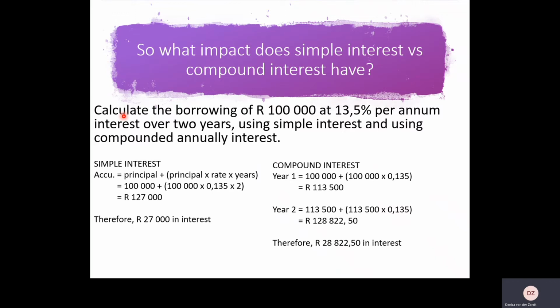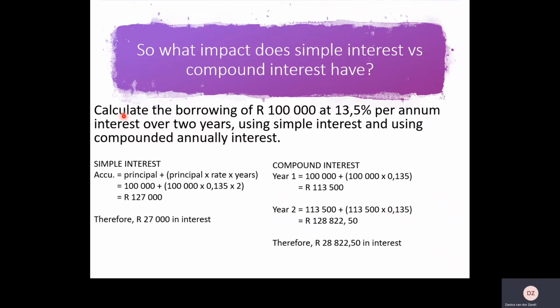So let's say I take exactly the same amount of 100,000 Rand at exactly the same interest of 13.5% per annum and the same time period over 2 years, okay? I want to calculate using simple interest and I want to calculate using compounded annually interest.